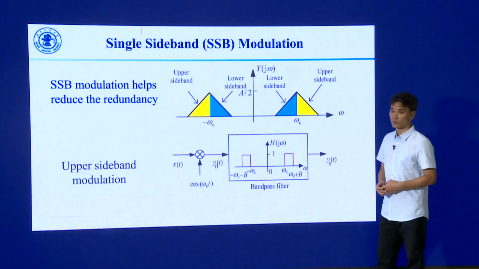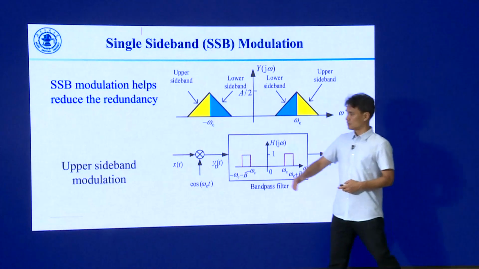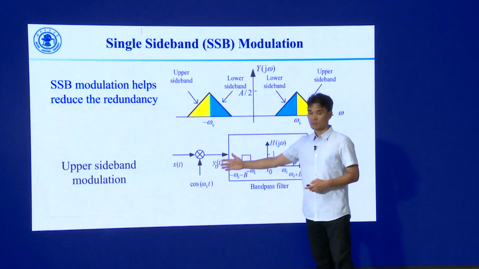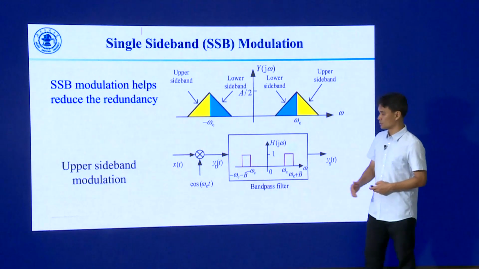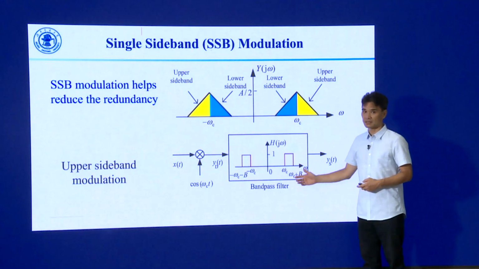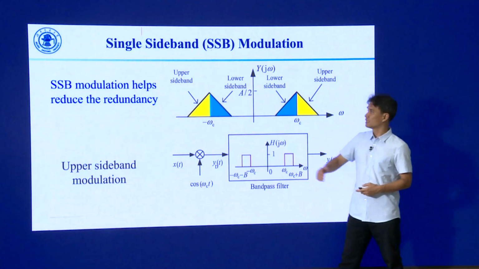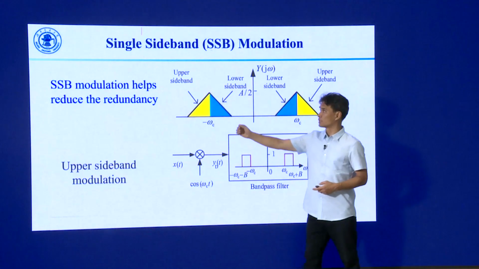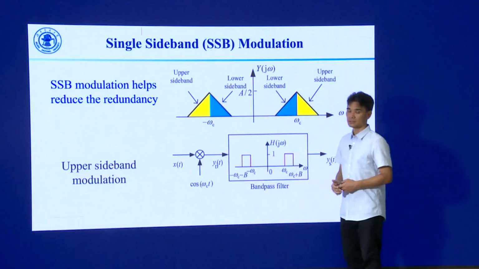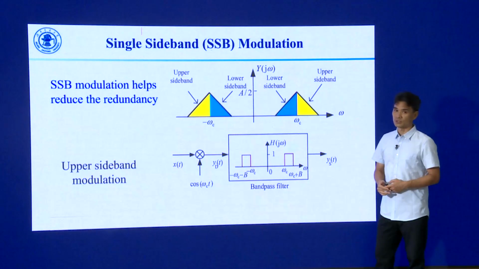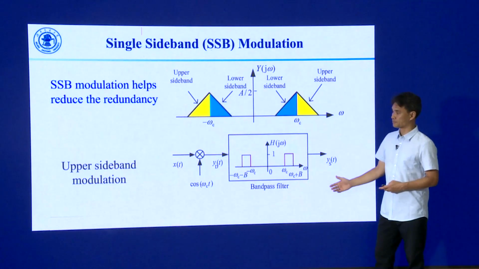And here is how we do it. We do the regular modulation and then use a bandpass filter to take only the lower or the upper sideband, so that can help us reduce the redundancy.